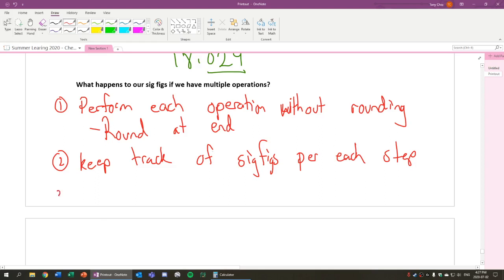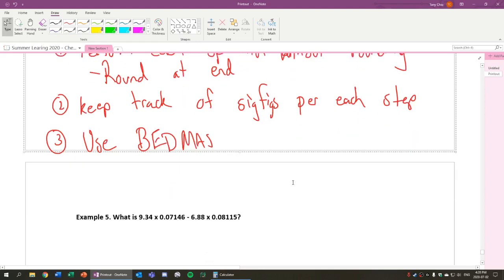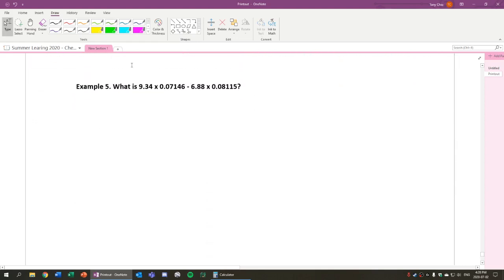Of course, step 3 is to still use BEDMAS. So when we talk about multiple operations, we're talking about BEDMAS. Let's take a look at this example below. We have 9.34 times 0.07146, take away 6.88 times 0.08115. In this question, we have multiplication and we also have a subtraction.